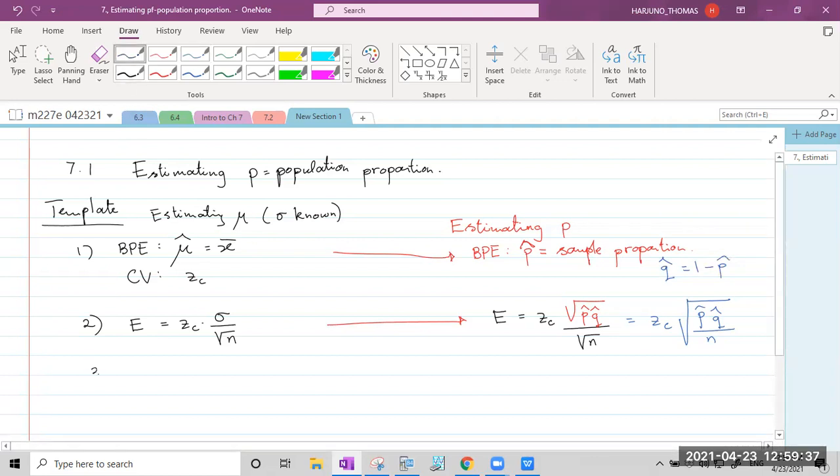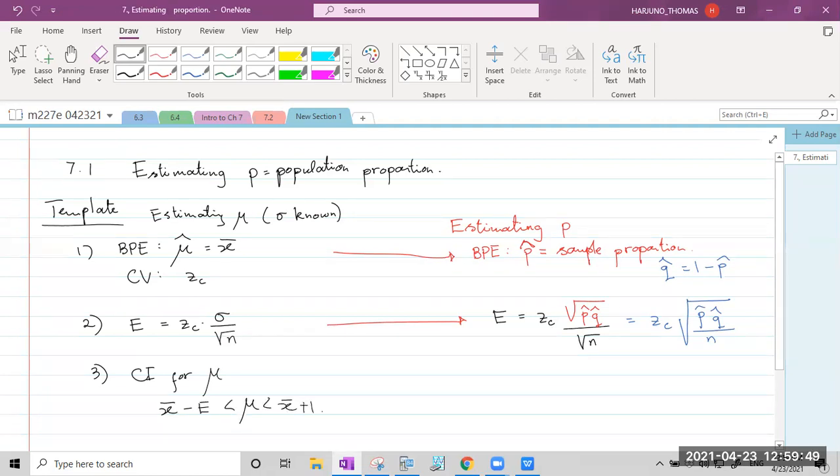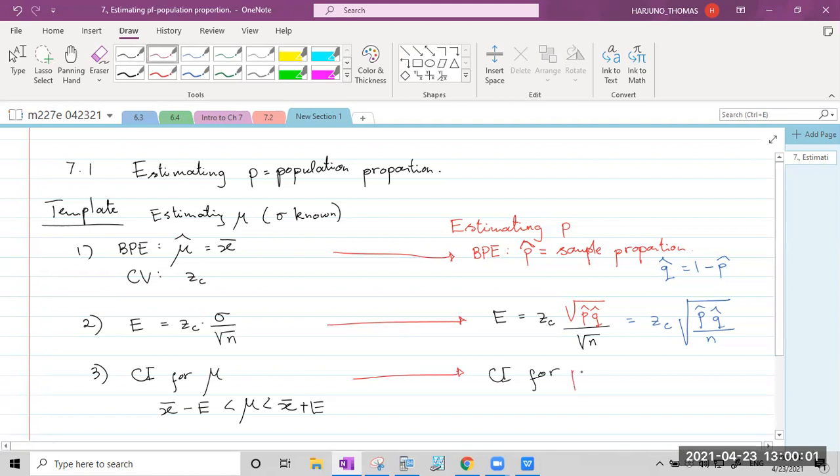Okay, so step 3, the declaration, confidence interval for mu, where the best point estimate minus margin of error less than mu less than best point estimate plus margin of error. Now the version for population proportion will be confidence interval for P. So the one change, I make it in red.